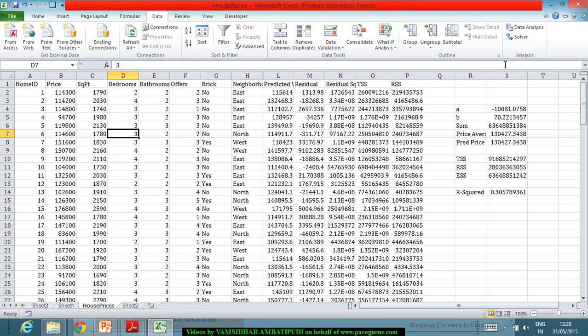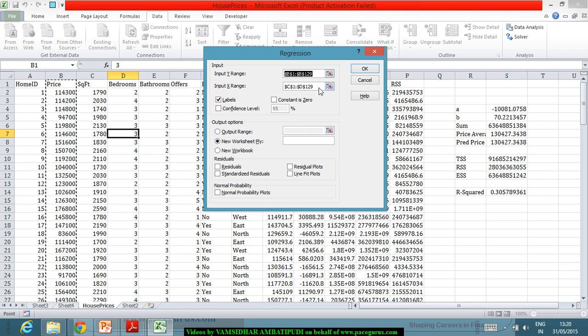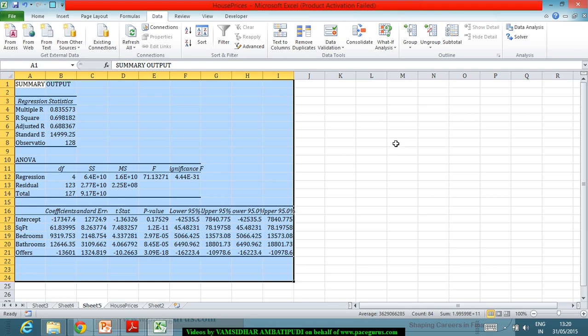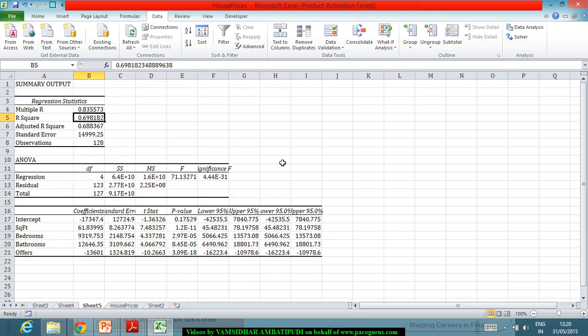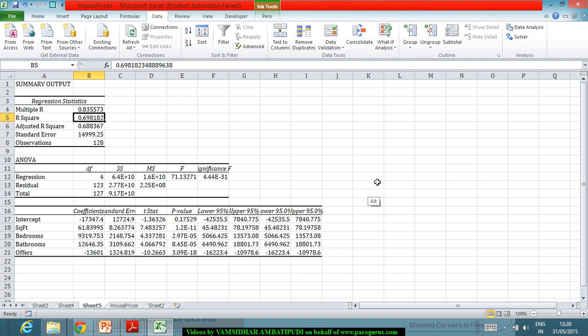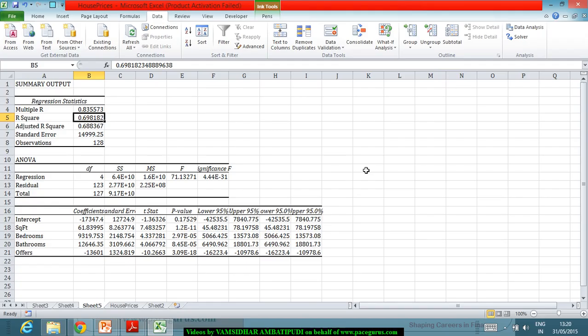So we'll run our regression model again, wherein I'll take price as the dependent variable and these four as the independent variables, and the regression model is run. Wow, something is coming out in terms of R squared. The R squared has come out close to 69.8 or 70%. Now, this is the interesting part.